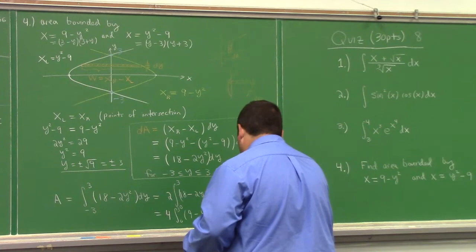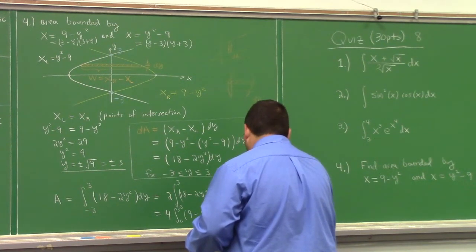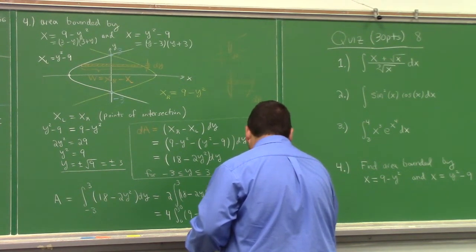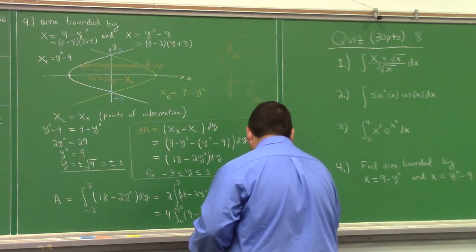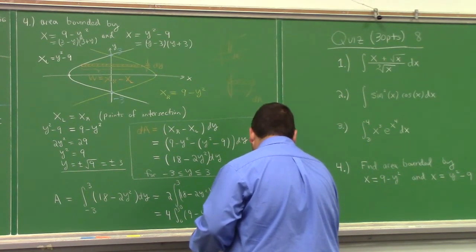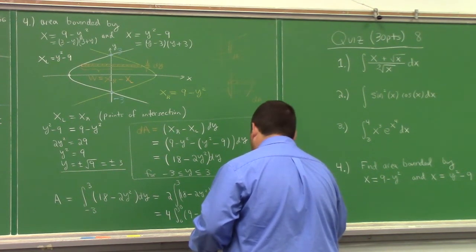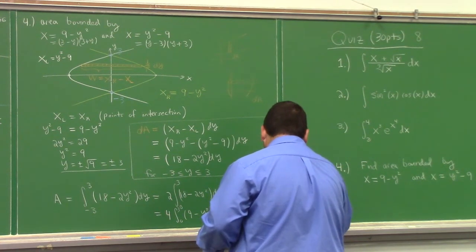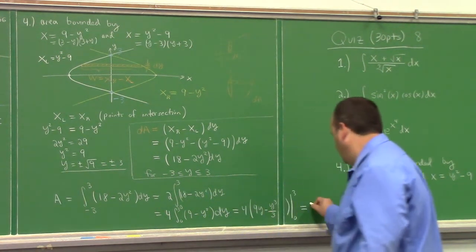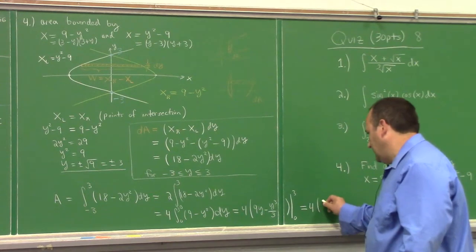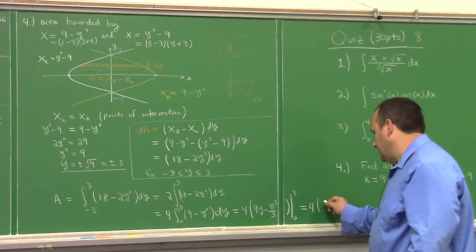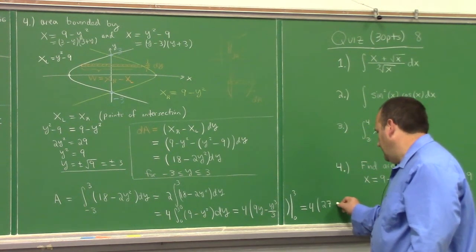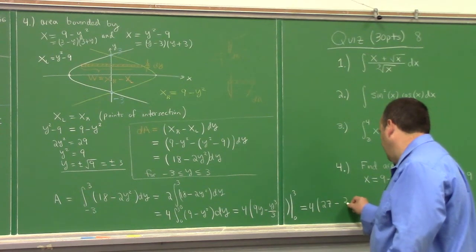So that's 4 times 9y minus y cubed over 3, and that goes from 0 to 3, right? So that is 4 times 9 times 3 is 27, and 3 cubed is also 27.